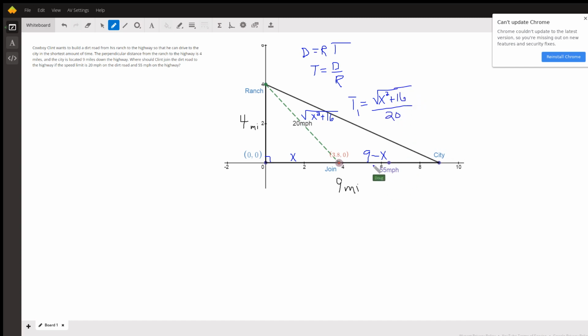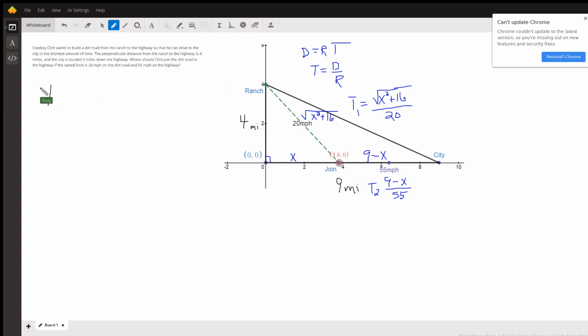And how long will he spend traveling straight along the highway? It'll be the distance, 9 minus x, divided by 55, distance divided by rate. This is time 2. So if we add those times together, we will have an expression for the time that he spends traveling to the city.